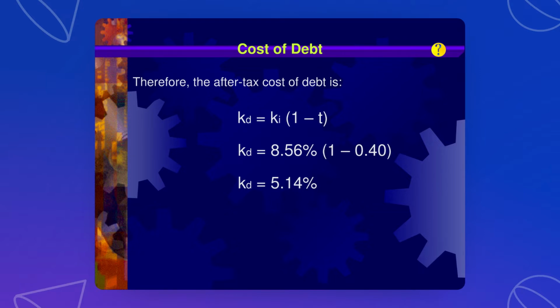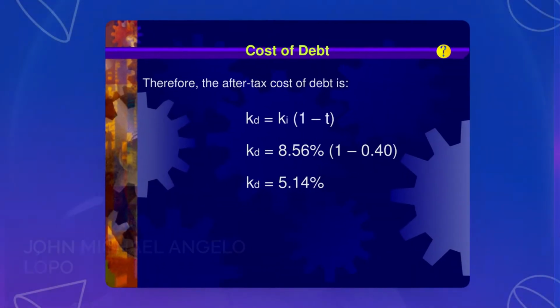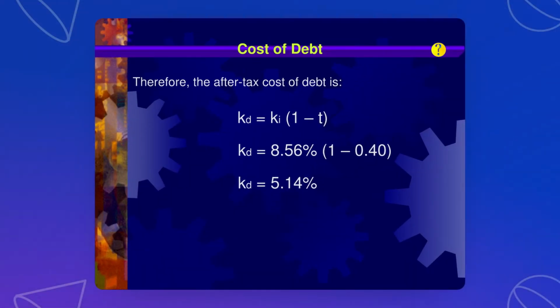Therefore, the after-tax cost of debt is KD equals KI multiplied by 1 minus T. So KD equals 8.56 multiplied by 1 minus 0.40. So KD equals 5.14. Meaning, class, the 5.14 is your answer for the cost of debt, not the before tax cost of debt. Alright, very good, class.